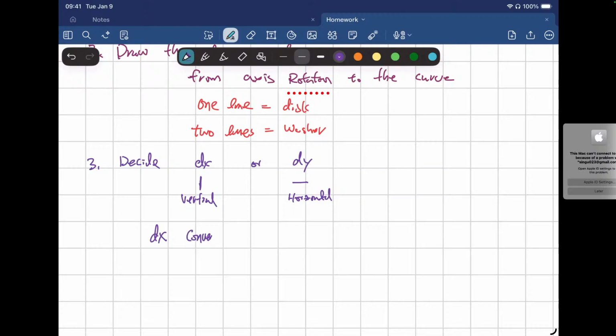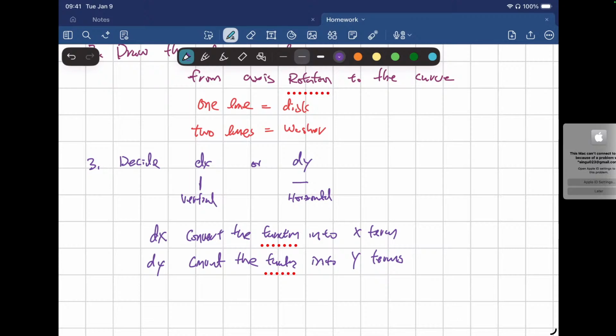convert the function into x terms. If it's dy, you can convert the function into y terms.